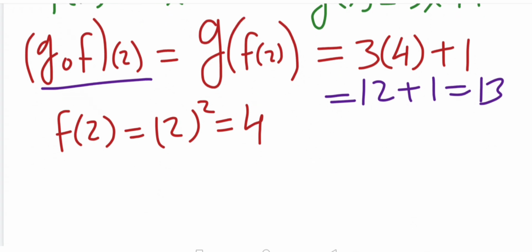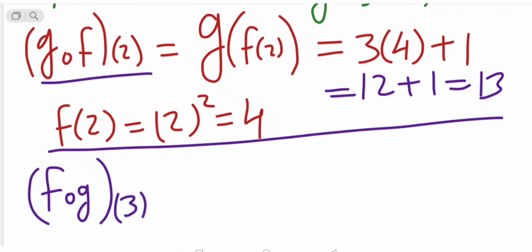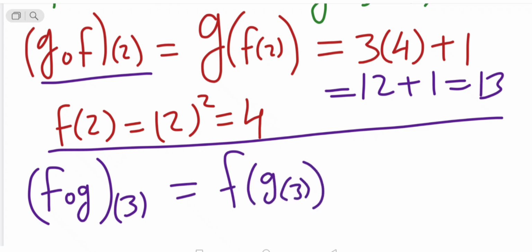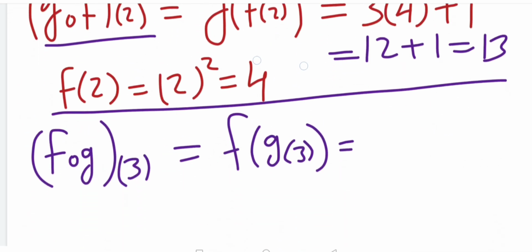The same question they can also ask you like that. They can ask you to find f o g of 3. It means g of 3 we have to find first, and the input of f is g of 3. Okay, what is g of 3? At the place of x we will put 3.